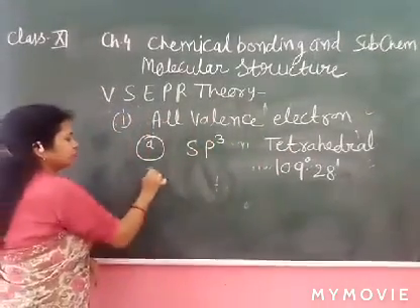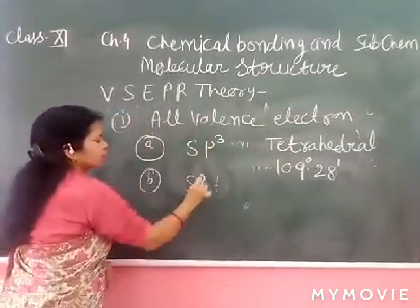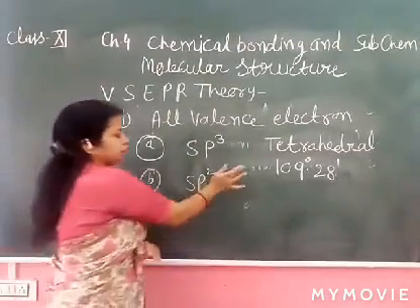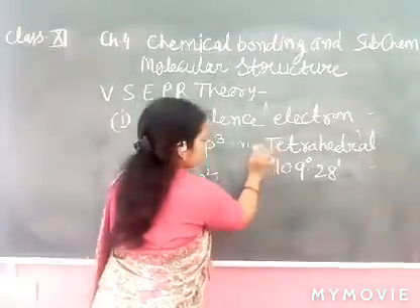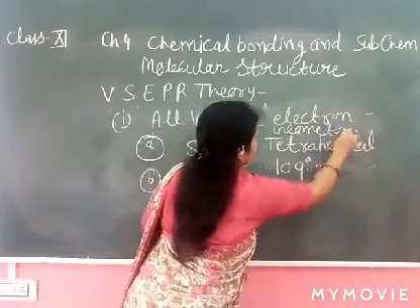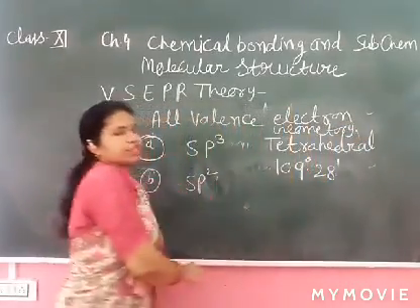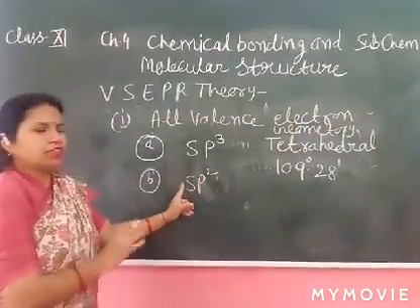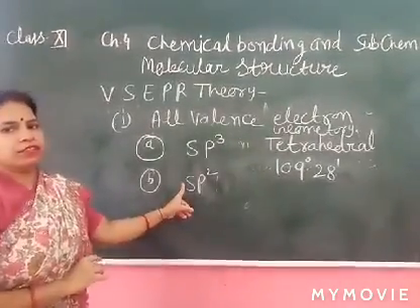Now sp2. If the structure is symmetric, this is the geometry, the shape. We can explain the geometry and shape by VSEPR theory. In sp2, three bonds are there and no lone pair.